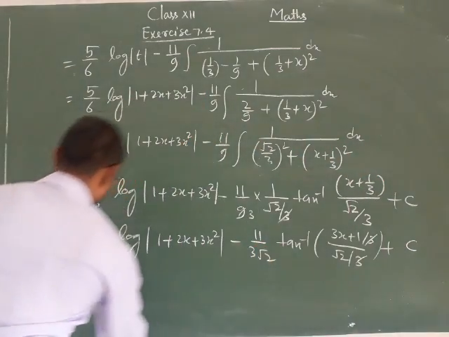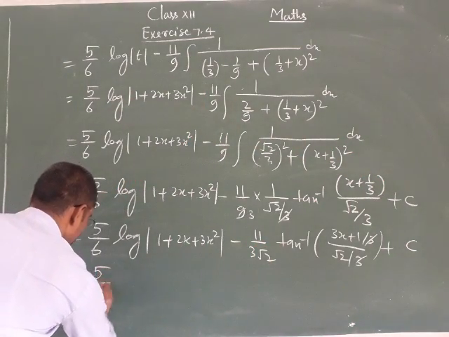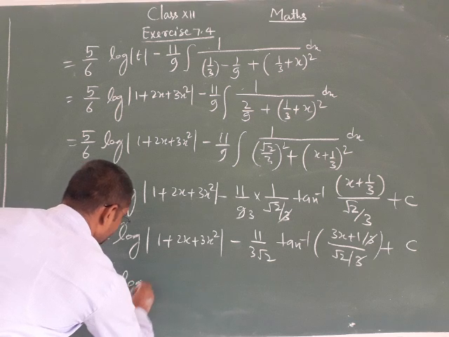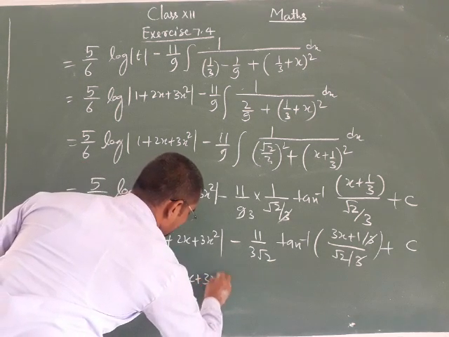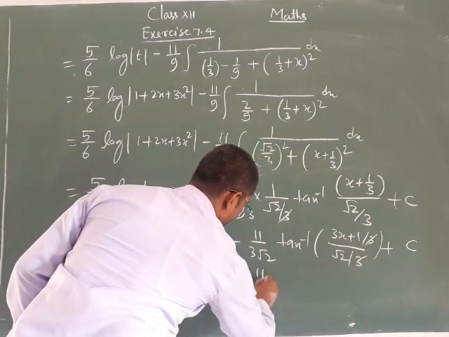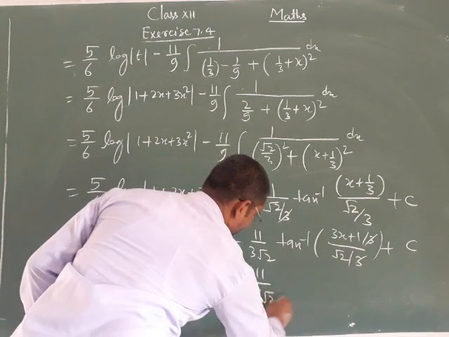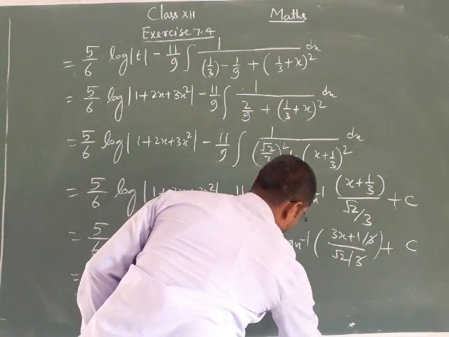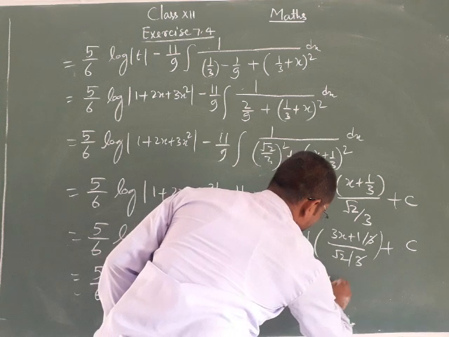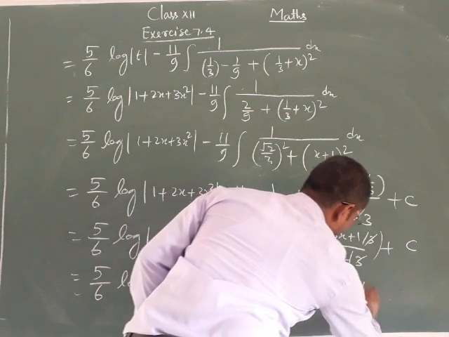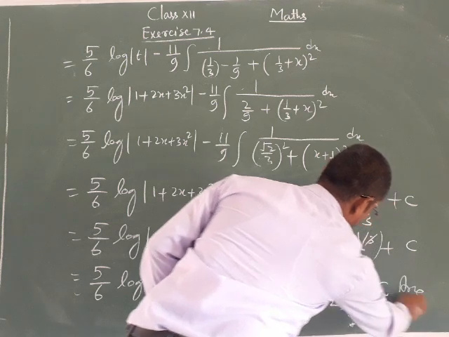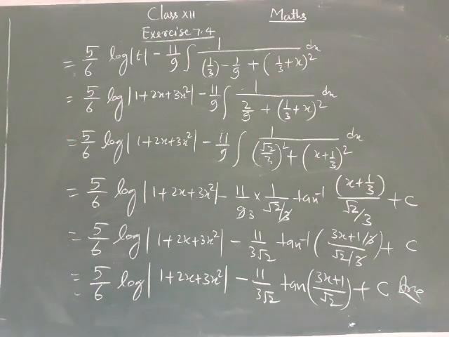So also you can write 5 upon 6 log 1 plus 2x plus 3x square and minus 11 upon 3 root 2 and tan inverse of 3x plus 1 upon root 2, and plus c. This is the answer of the given question. That's all.